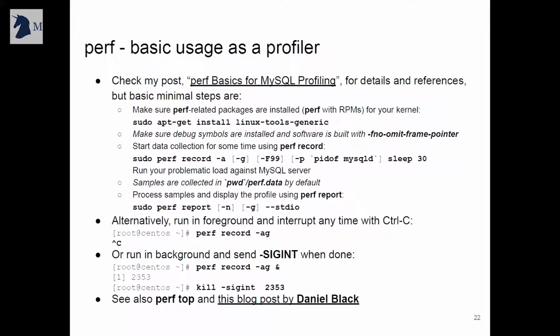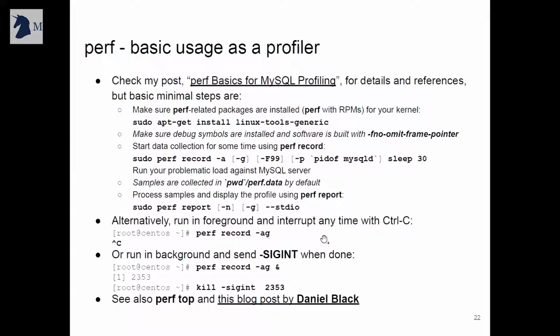So perf can also be used as a profiler, and this basic use case is already quite popular among my customers and was used for many real-life performance problem-solving cases. You just record samples with perf record. Now with stack traces, that's why the -g argument. On all CPUs, that's why the -a argument.